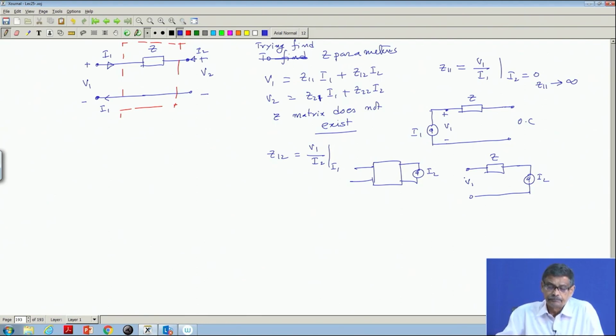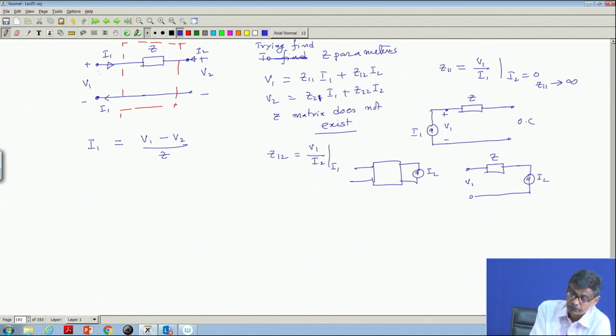This is the thing. In fact, behind all these arguments, you can easily see that for this network, which is such a simple network, what is I 1? I 1 is nothing but V 1 minus V 2 by Z. This is the value of I 1. V 1 minus V 2: the potential of this is V 1, and the potential of this with respect to this point is V 2. Therefore, the current I 1 is from left to right.